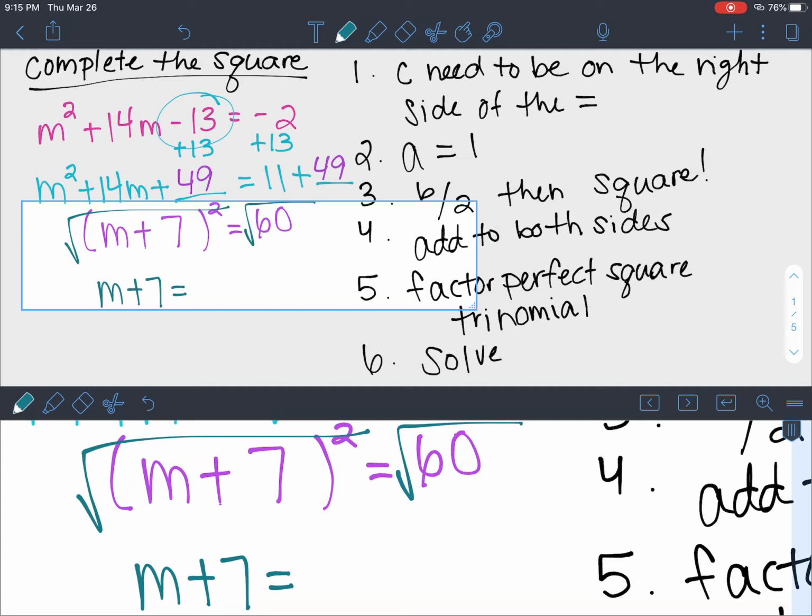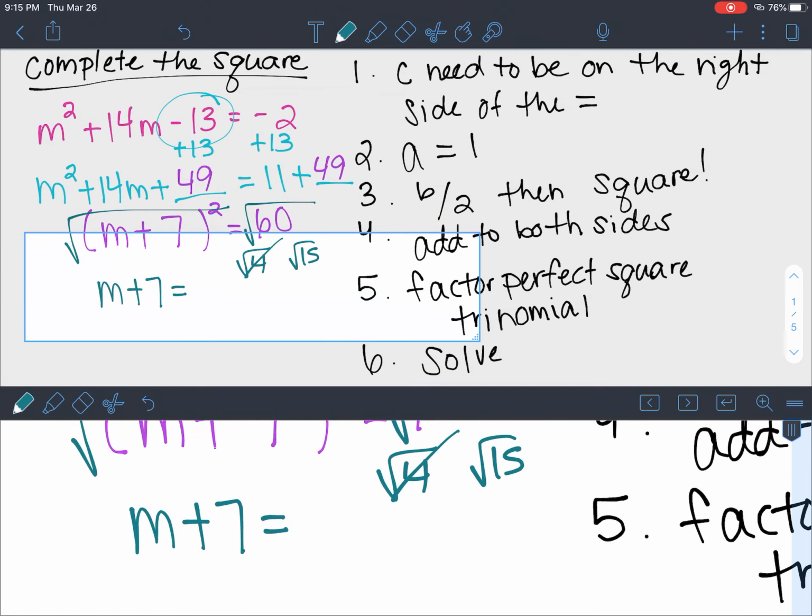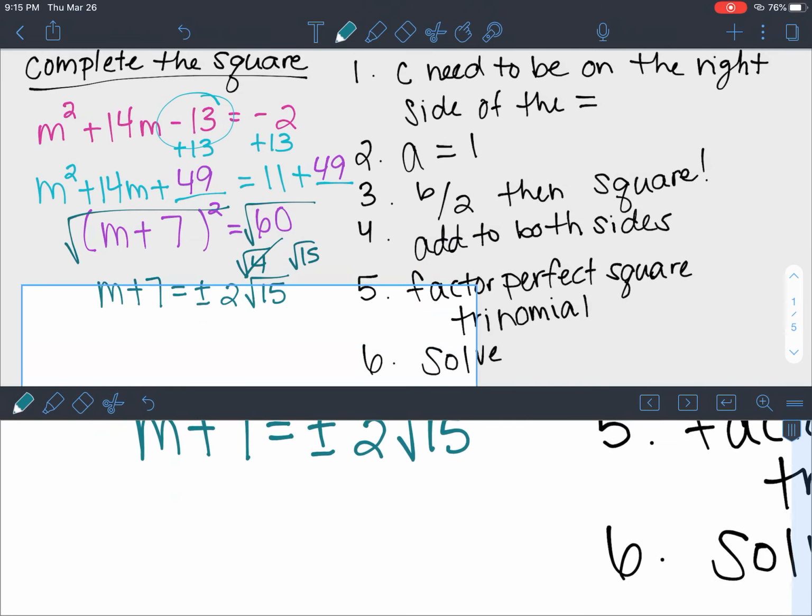So do 60 divided by 4, and I get 4 times 15. I know there are no more perfect squares that go into 15. So this breaks down to the square root of 15 and the square root of 4. We all know what the square root of 4 is: plus or minus 2. So we have plus or minus 2 times the square root of 15, which is the broken down square root of 60.